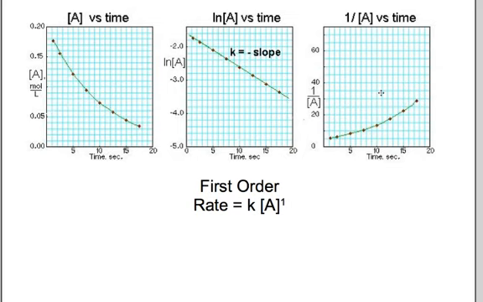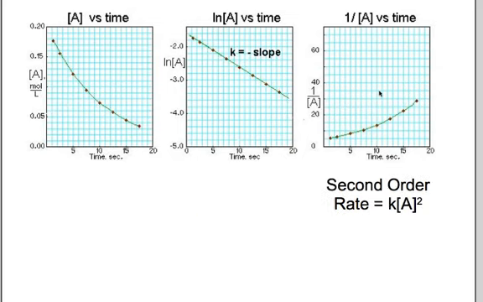If this one is most linear, which it's not, it would be second order, so rate equals k, concentration of A to the second. So one of these three graphs is going to be most linear. Whichever one is, wins. If this one is the most linear, then it's zero order. If this one's most linear, it's second order. If this one is most linear, which it is, then it's first order.